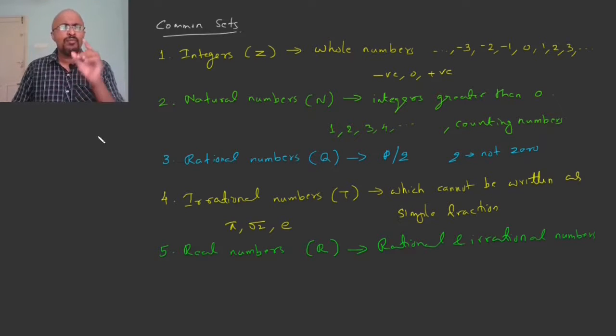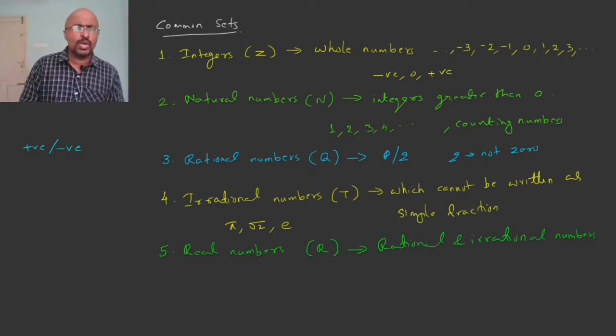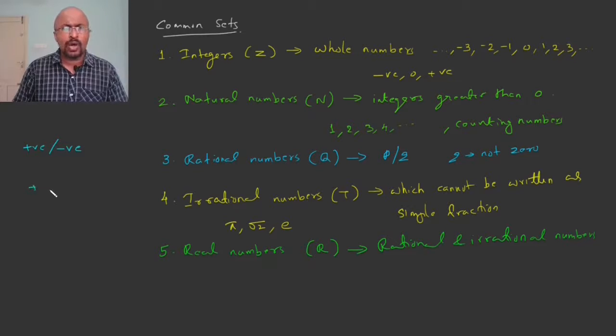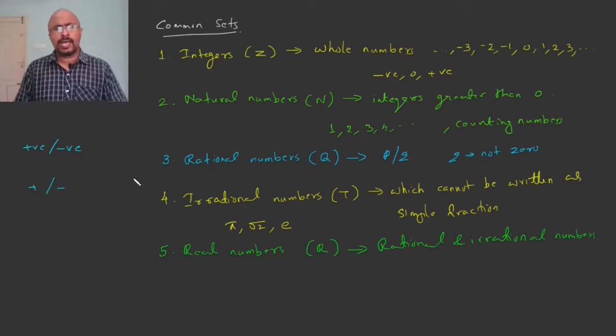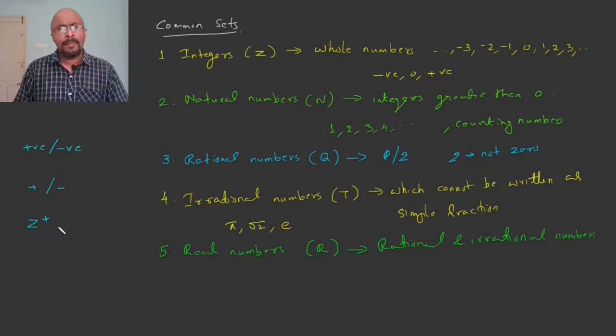You should remember one more thing while representing these common sets. You can represent positive or negative numbers within the group by adding a plus or minus sign as a superscript of these symbols. For example, if you write Z plus, it represents positive integers.